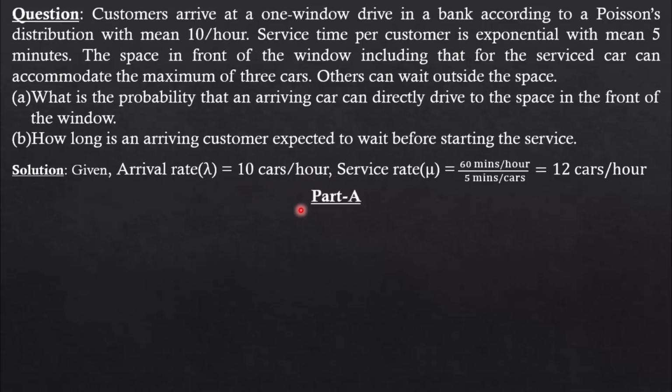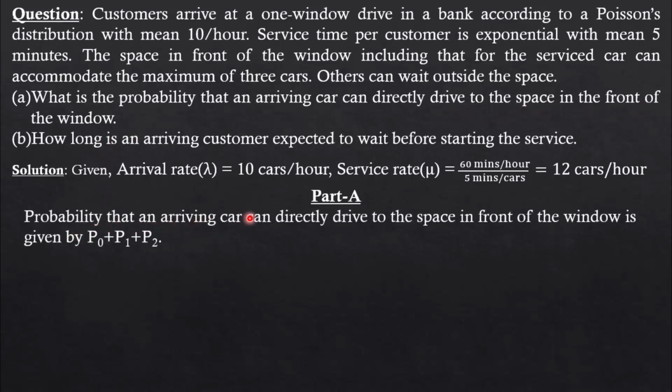Now let us solve part 1 first. It says, what is the probability that an arriving car can directly drive to the space in front of the window? So the probability of an arriving car directly driving to the space in front of the window is given by P0 plus P1 plus P2. Let us understand this.